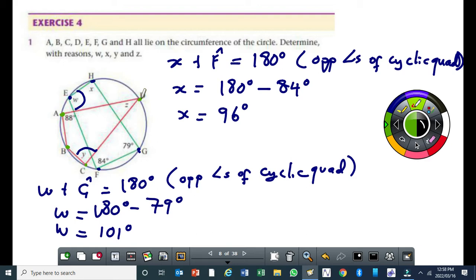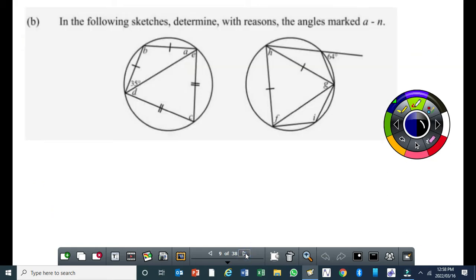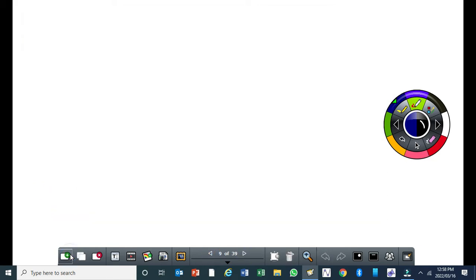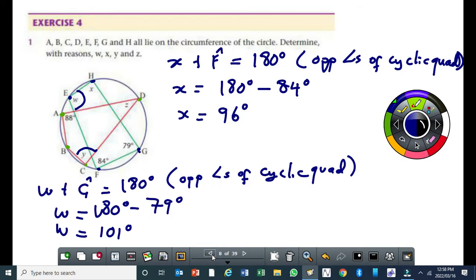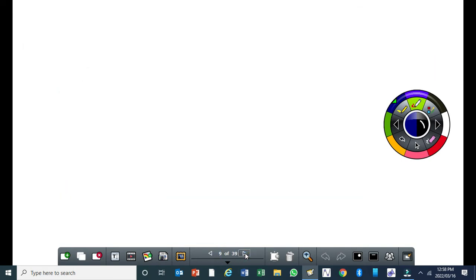let me do this on the next page. So to calculate Y, Y plus 88 is equal to 180 degrees.